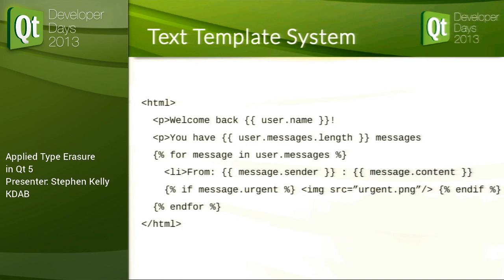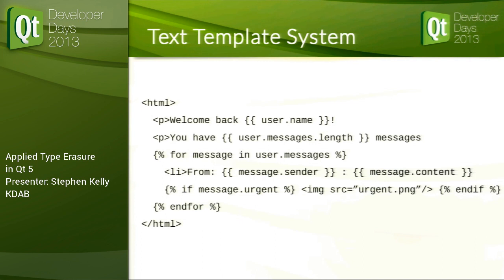But the things to notice are this is an HTML template, which I'm generating. I've got some curly brace syntax for getting a user's name. I've also got a number of messages. I'm showing how many messages there are, and I'm looping over them.